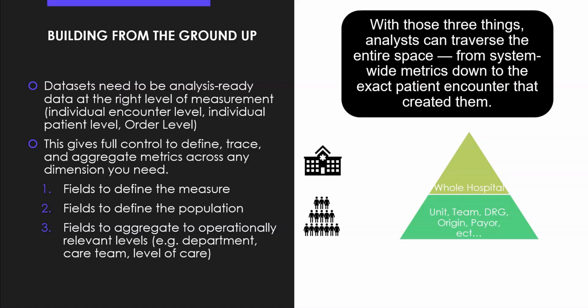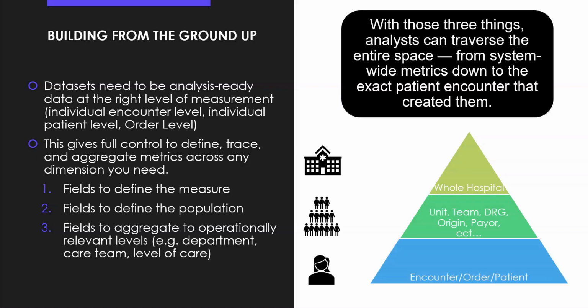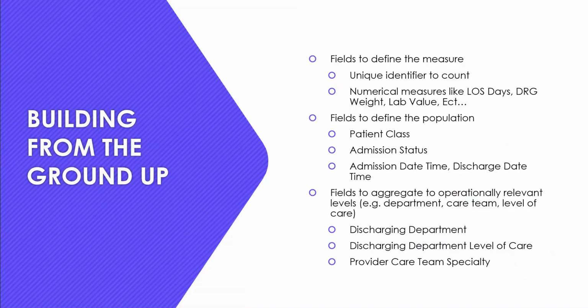Or you can go ahead and dissect that down into the units, the teams, the disease categories, the origin, the payer, so on and so forth that we need in order to make this relevant to operations. And at the very bottom, we can go down to the individual record that created this information. This is absolutely key and necessary in order to trace what is changing in our metrics all the way down to the individual records that create that change.